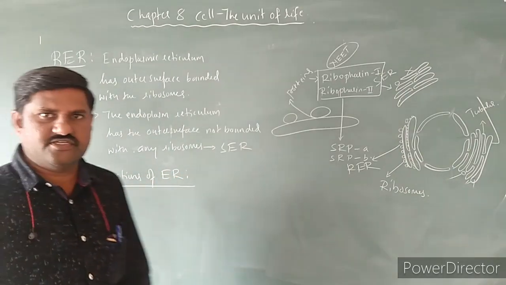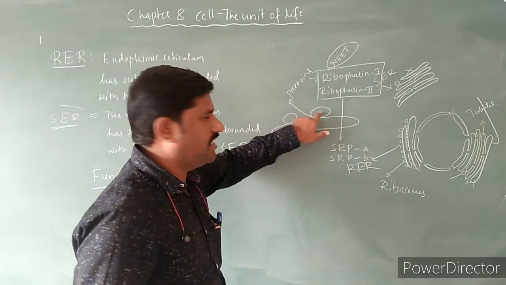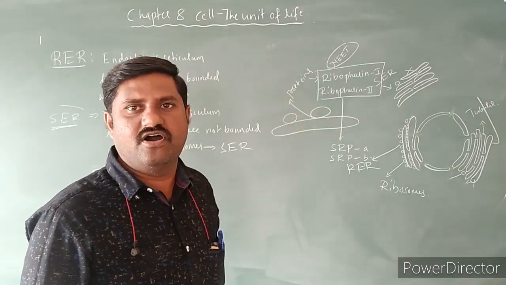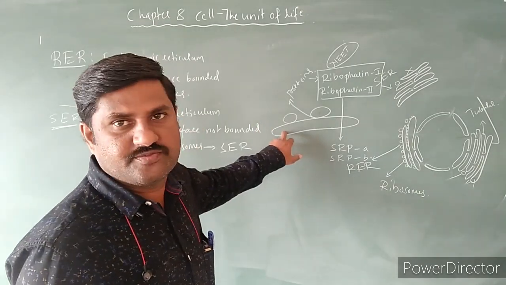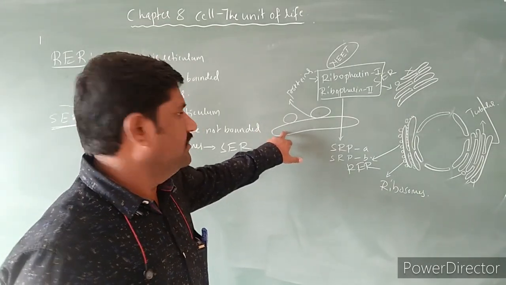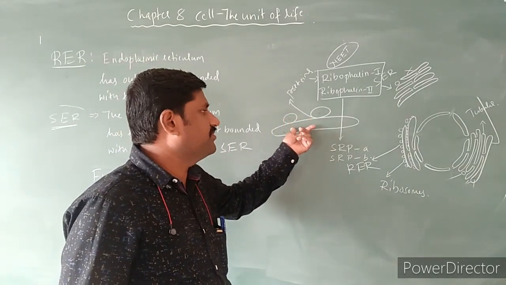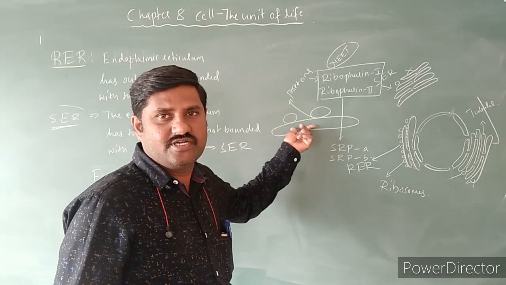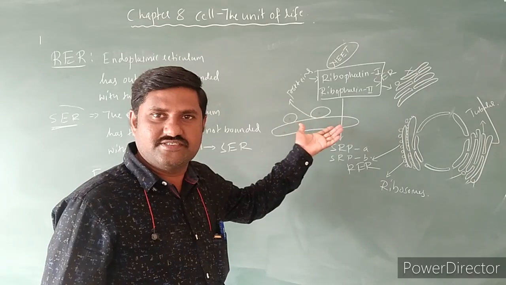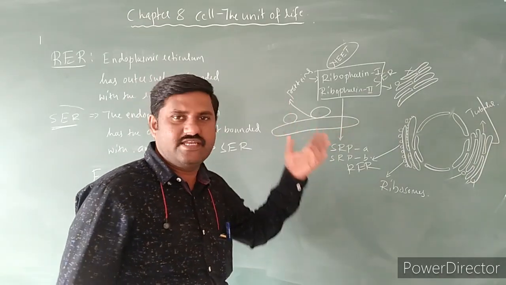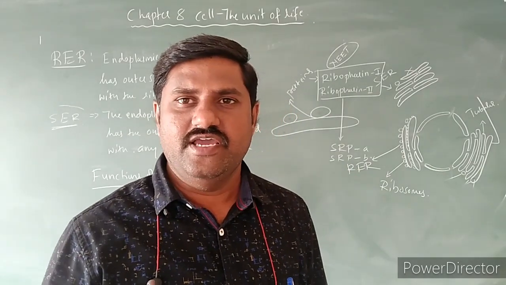Since these ribosomes are attached to the outer surface of the membrane of the endoplasmic reticulum, they help in protein synthesis. Hence, this endoplasmic reticulum also plays an important role during the synthesis of proteins, right? So that is one kind of function it does.